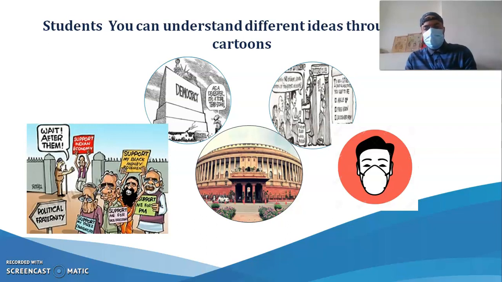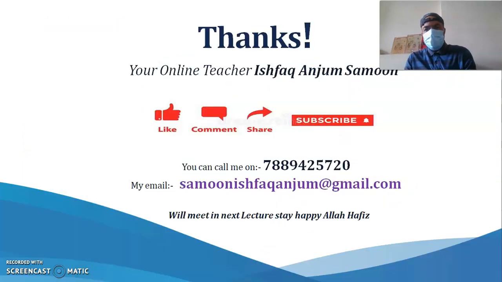Fourth, there is a picture of parliament, and fifth, it shows the phase we are going through presently, COVID, which is a big challenge all over the world, including India. So this is all about these topics.